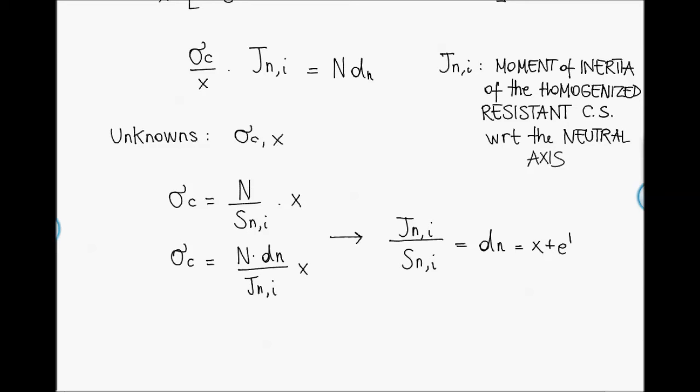And e prime, if you remember our initial scheme, is equal to e minus h over 2, which is also equal to M over N minus h over 2, where M is the bending moment produced by the eccentric axial load, and it is equal to N by e.